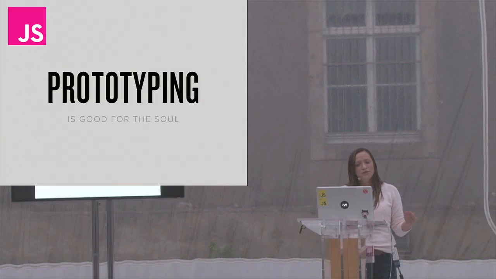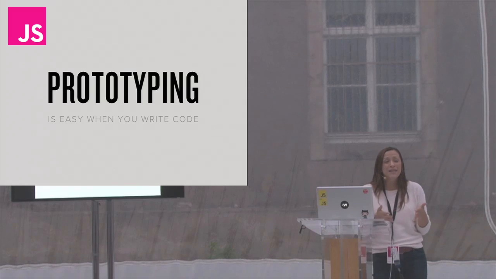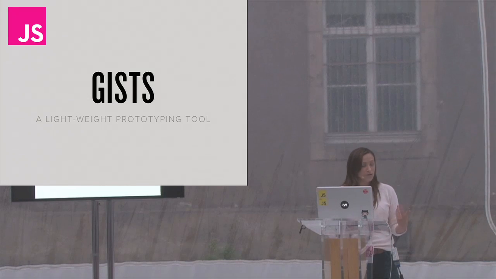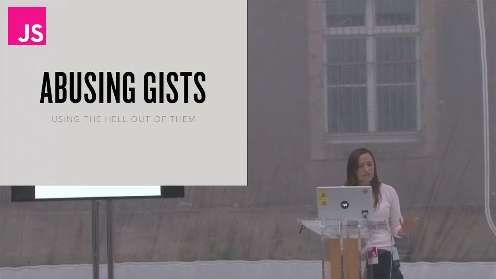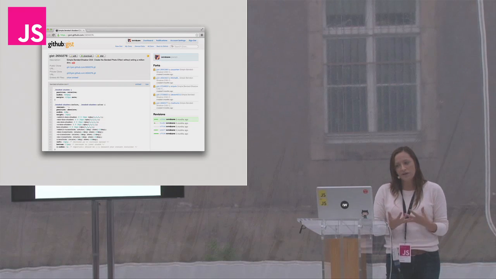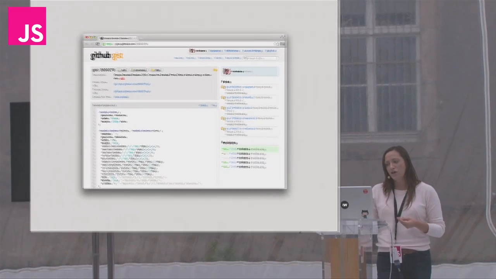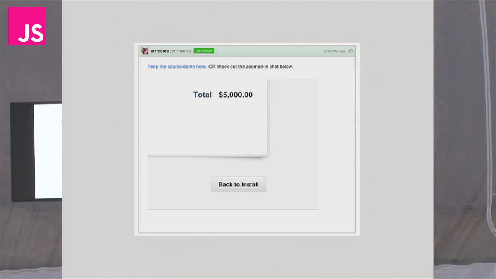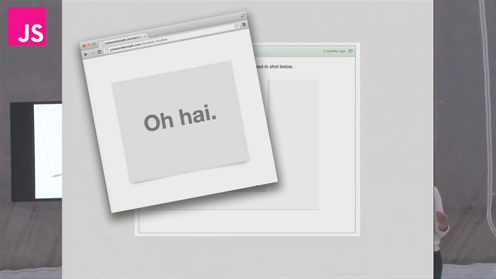So prototyping is great for the soul. And it's really easy when you write code. One thing that I do, and I found is a great prototyping tool, is Gist. Using the hell out of Gist is one of my favorite things to do. Essentially, you can start with the code on a Gist, and it obviously doesn't have to be public, but there are some benefits to it being public. One of those is adding screenshots in the comments, and maybe even linking to a demo of that.